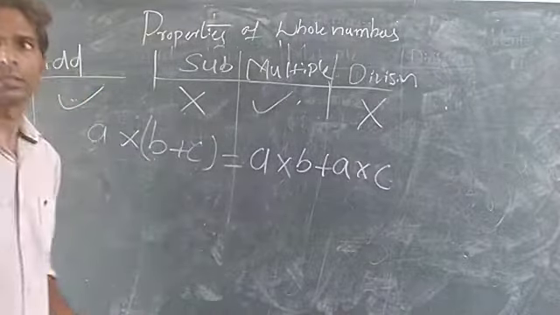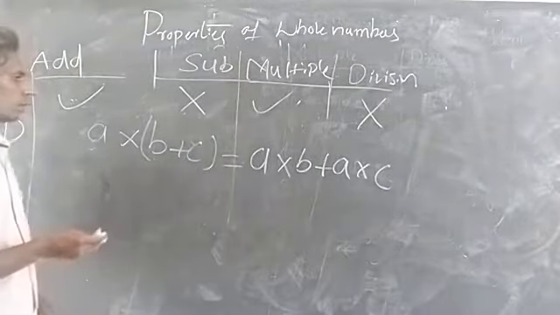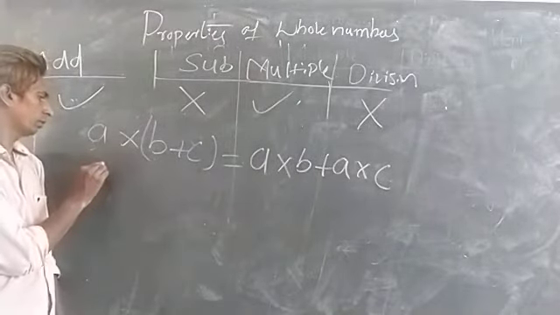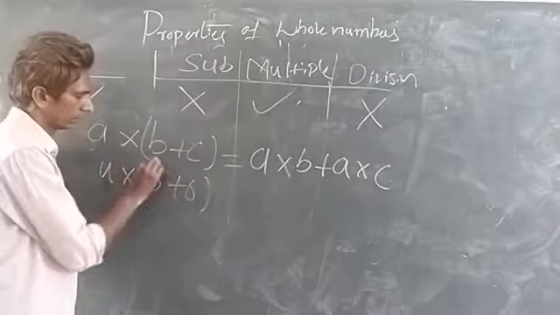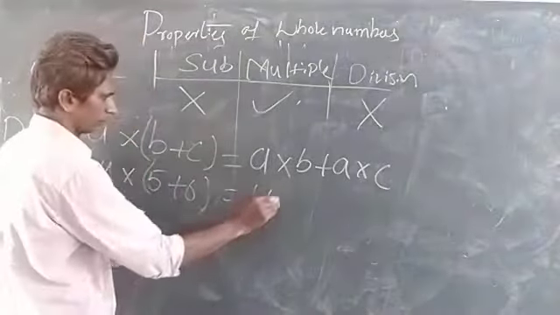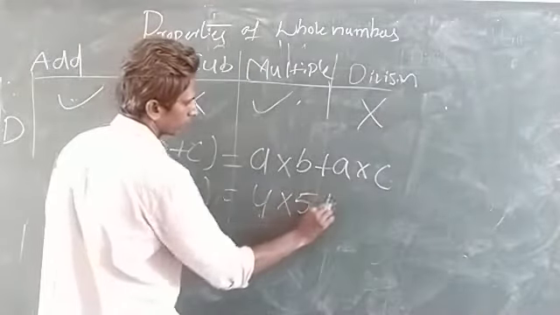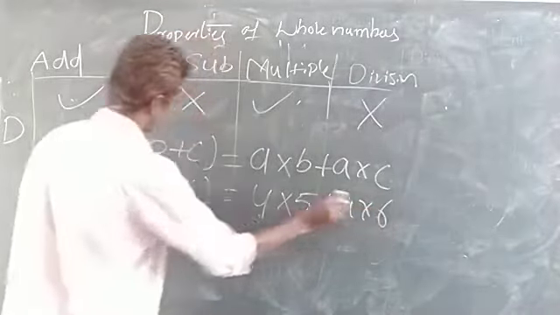Let us see, I am taking one example. 4 into (5 plus 6) equals 4 into 5 plus 4 into 6.